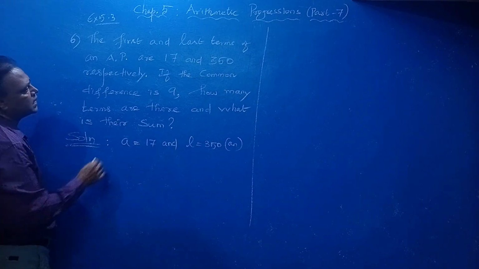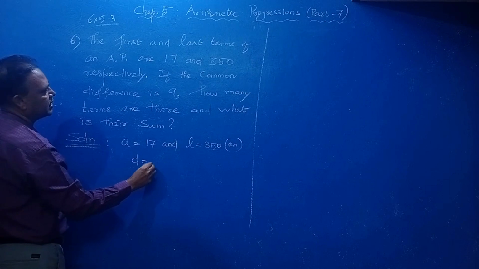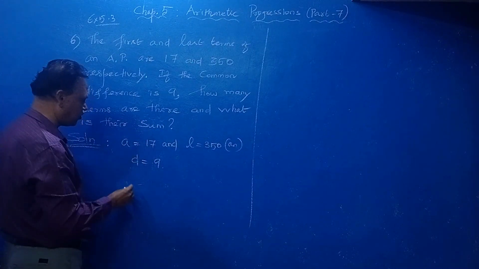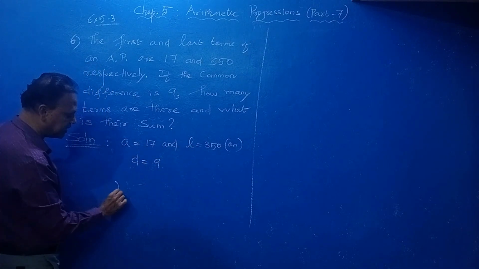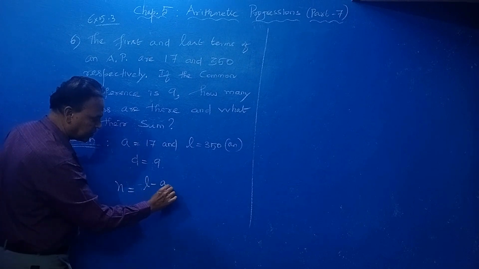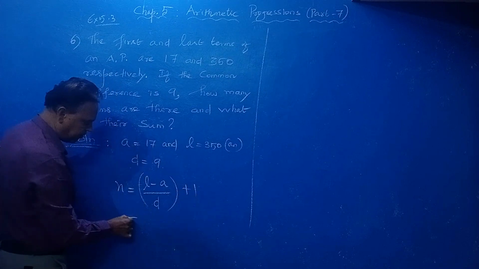Last term is L or AN. The common difference D is given as 9. How many terms means N you have to find out. When you have the first term, the last term, and D, N you can easily write. What is the formula? N equal to last term minus first term divided by D, plus 1. Use this formula. Very simple.